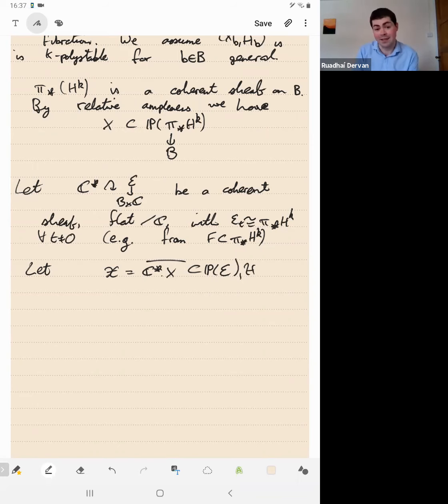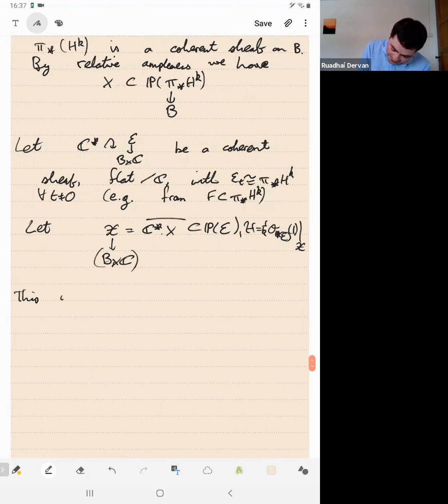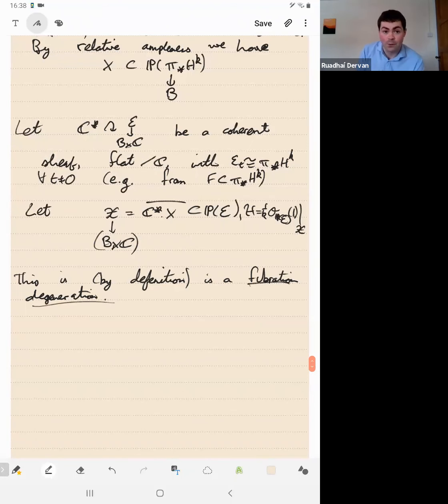We also get a line bundle by doing essentially the same thing: we let the line bundle H be the restriction, up to some scaling, of O_P(ℰ)(1) to curly X. This has a morphism down to B × C, because the sheaf ℰ had a morphism down to B × C, which endows curly X with a morphism down to B × C. This is what we call a fibration degeneration. This is our version of a test configuration for fibrations.